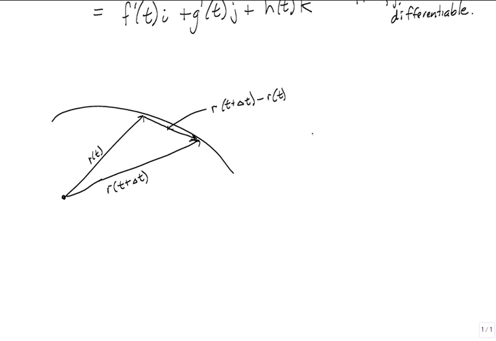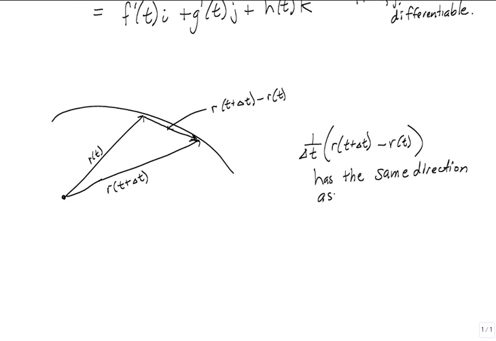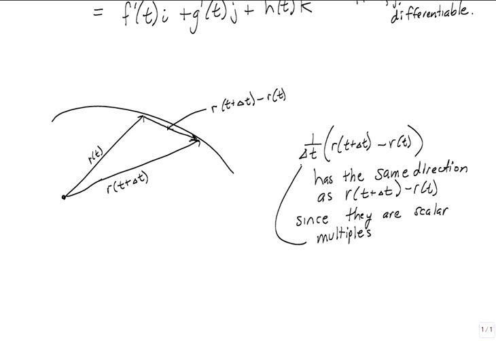And if we multiply that by a scalar, this vector has the same direction as this vector since they're scalar multiples. And that's right here.